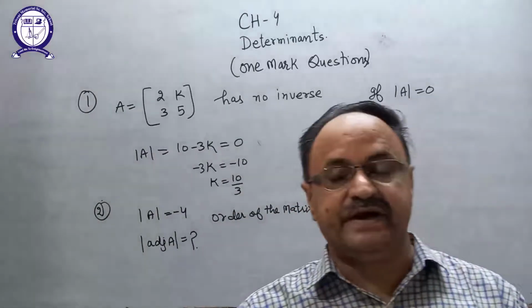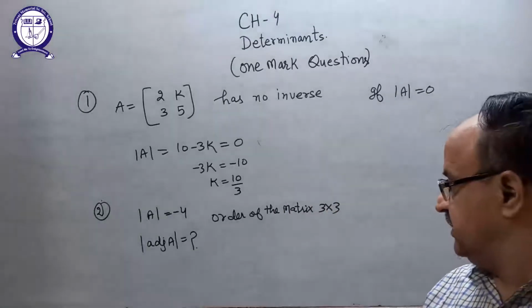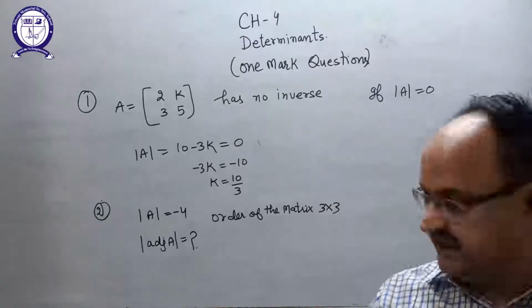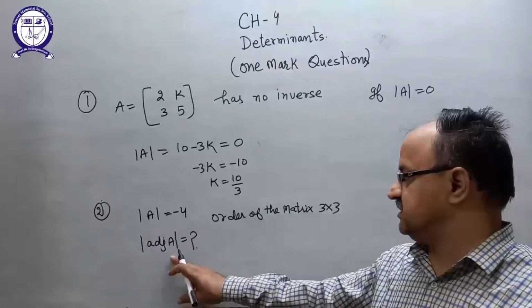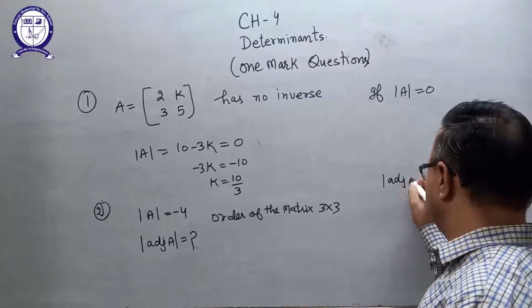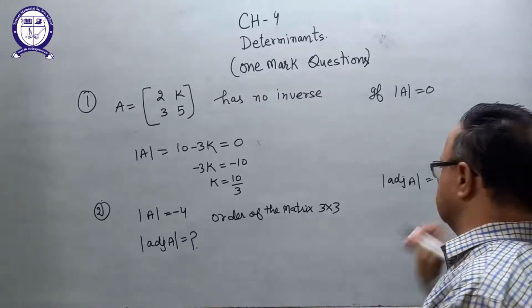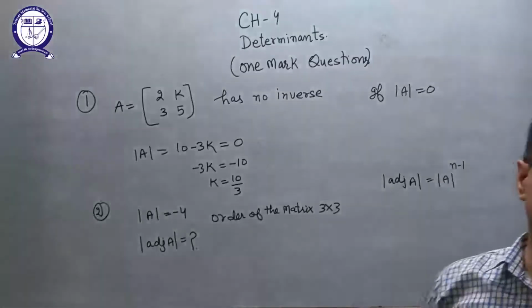If A is a square matrix of order 3 such that determinant of A is minus 4, then find the determinant of adjoint of A. Formula you know very well: determinant of adjoint of A is equal to determinant of A to the power n minus 1. This is very important formula.